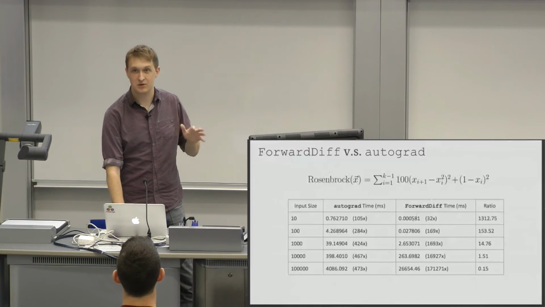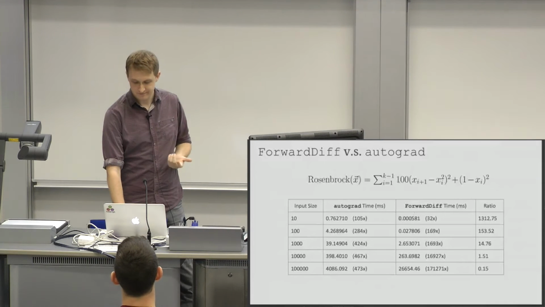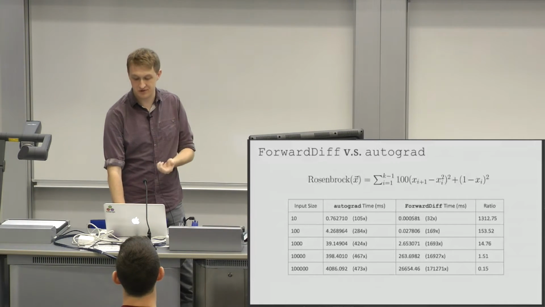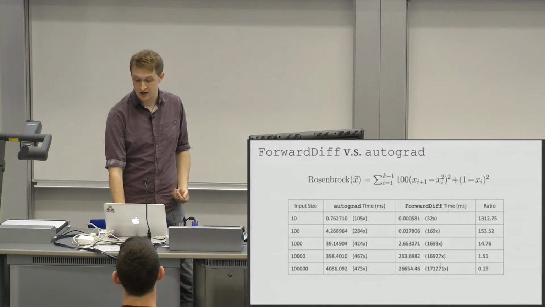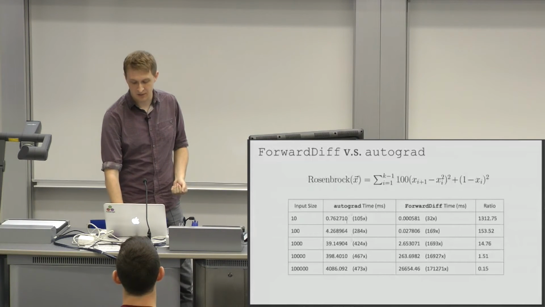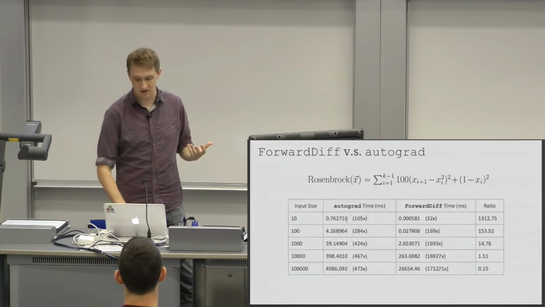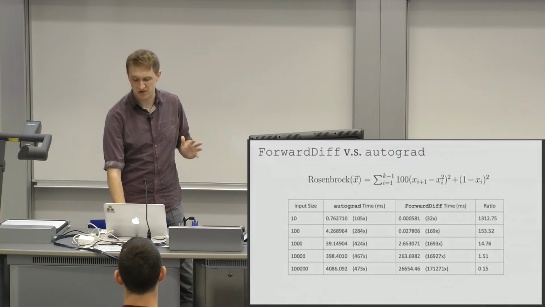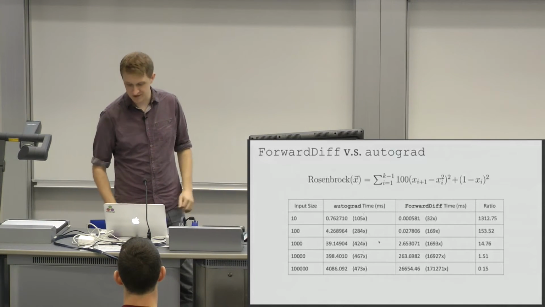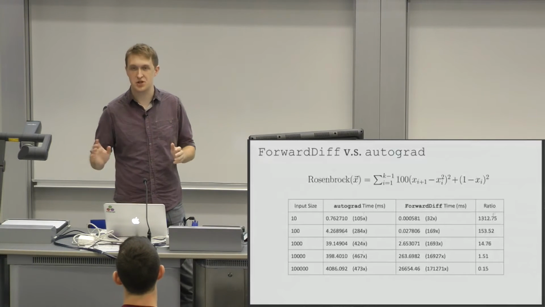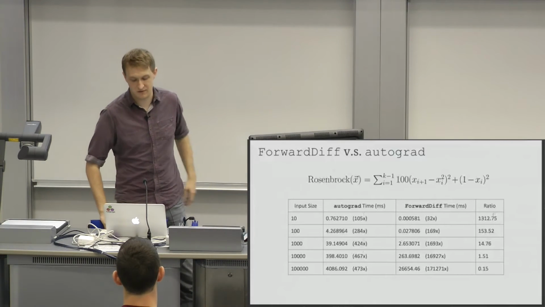The gradient takes on the order of linear time for forward mode, and so what you see is the combination of those two: you get a quadratic scaling in the timings and a linear scaling in the overhead. And then for reverse mode, you get a linear scaling in the timings and a constant scaling in the overhead, mostly. On the very right, we have the ratio of ForwardDiff versus AutoGrad.